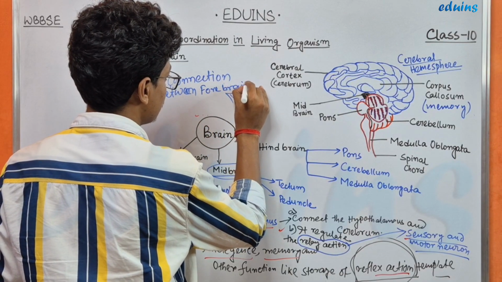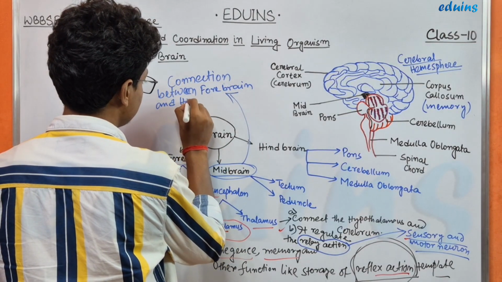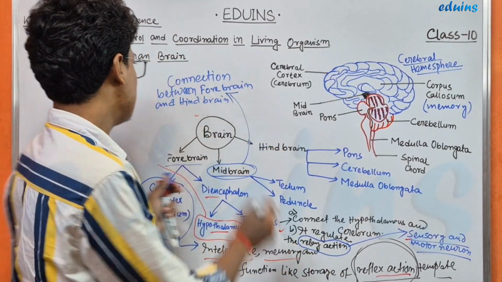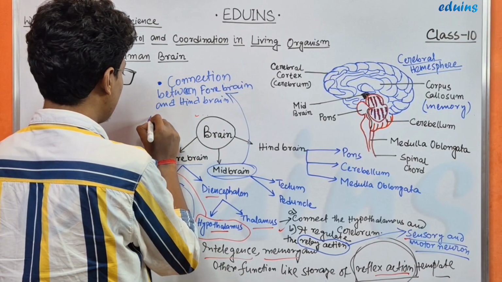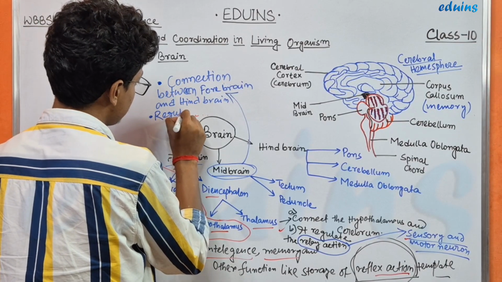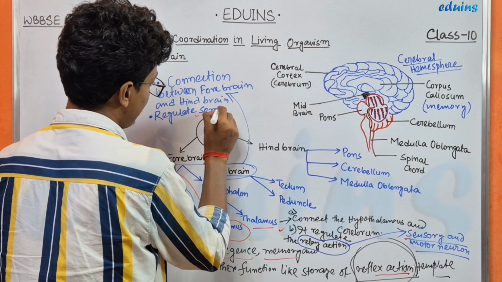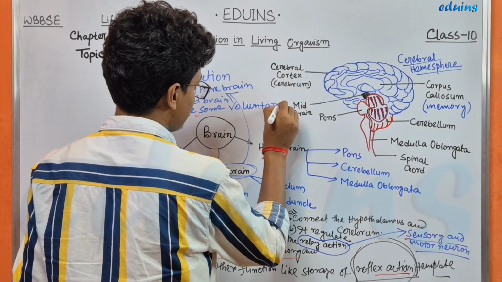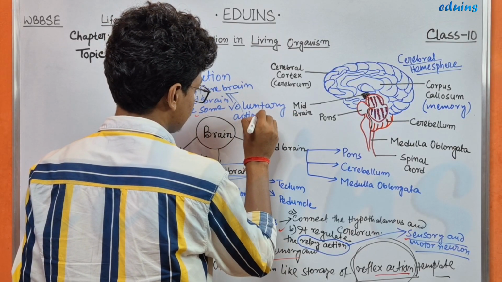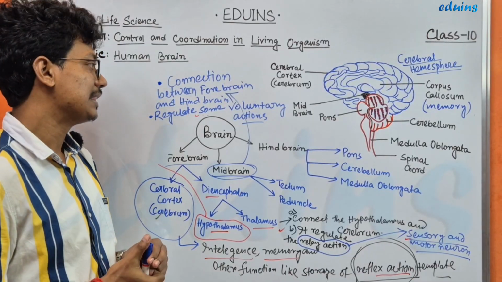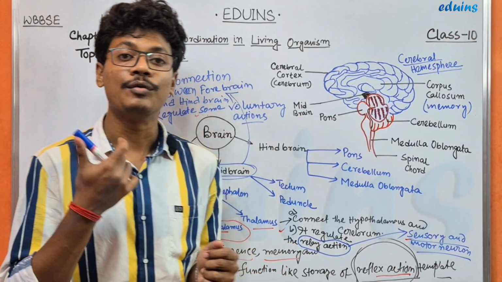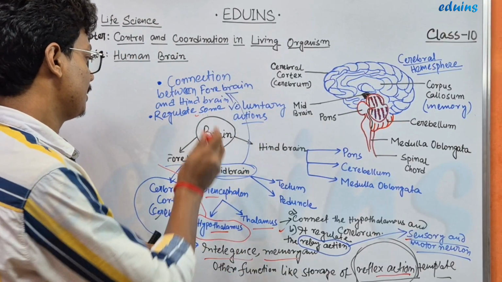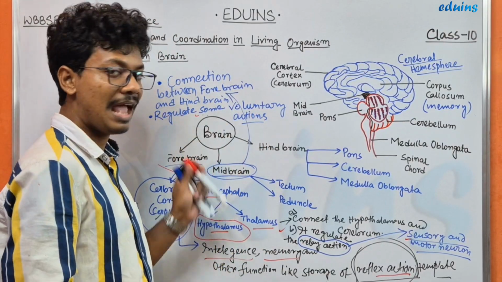And also it regulates some voluntary actions. What are the voluntary actions? The actions that occur according to our will, like running and walking, are the voluntary actions. So the midbrain regulates some voluntary actions.